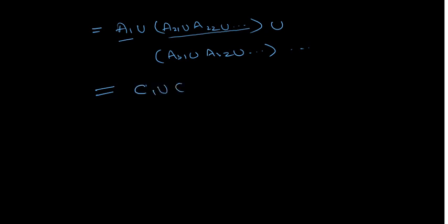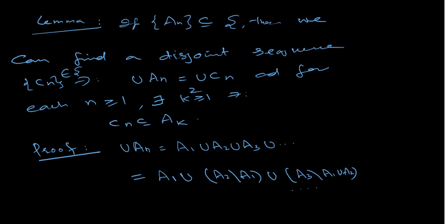So I can express this as C1 union C2. This is the union as n runs from 1 to infinity. So this can now be expressed as C1 union C2 union, and they are now members of S, and they are also disjoint.